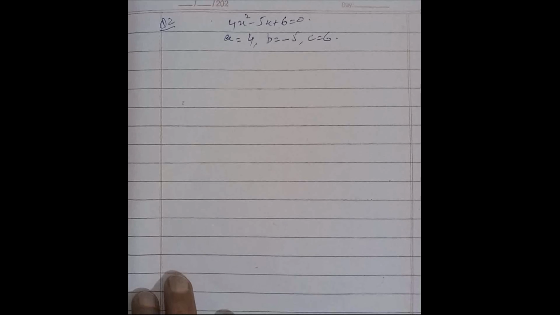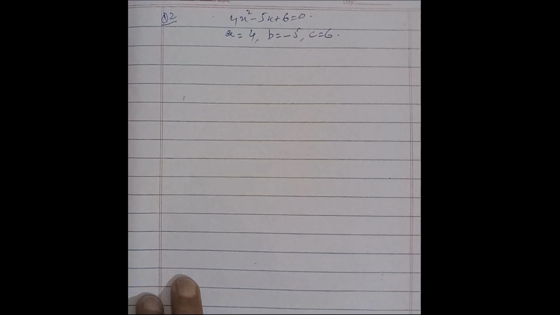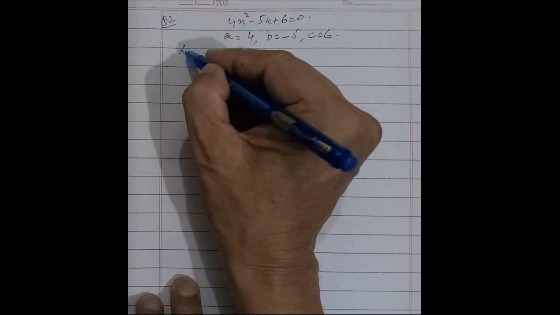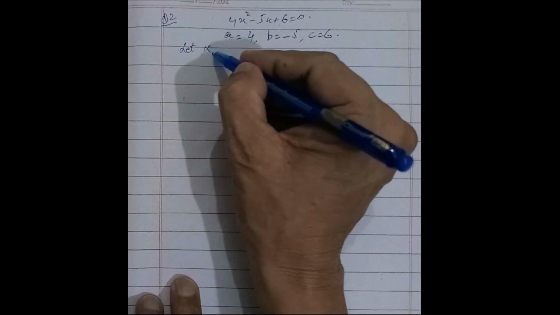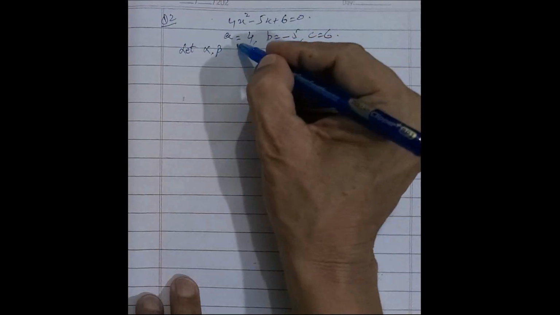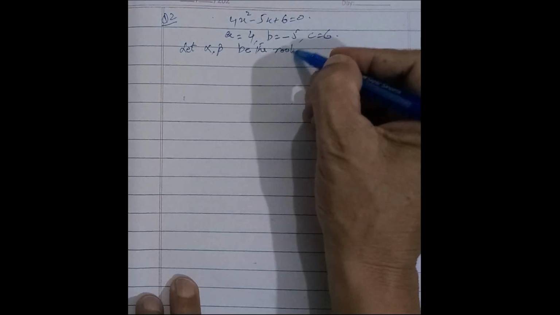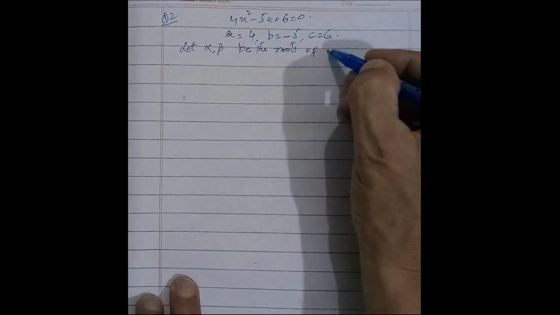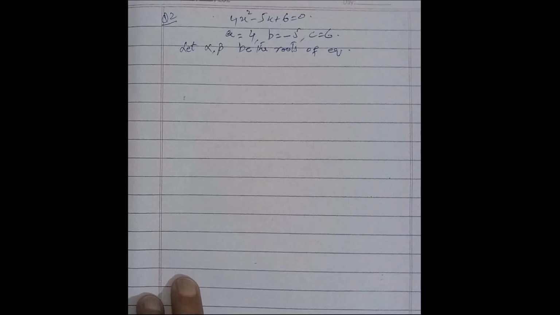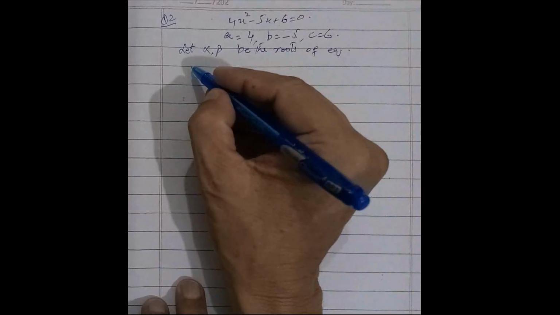And we know that let alpha beta be the roots of the equation, and now we find the sum and product of the roots, which is alpha beta.